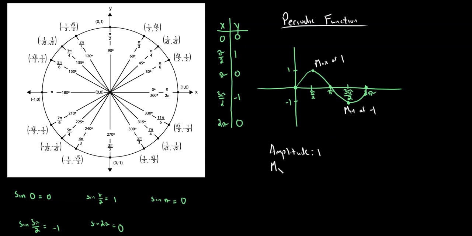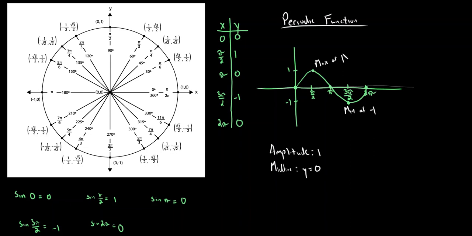Another way we can think about amplitude is how far from the midline we traveled to hit the max and min. Well, the midline in this case is just this x-axis right here, which is y equals 0, that horizontal line that cuts this graph perfectly in half. And you can kind of think about it as the average of the max and min.